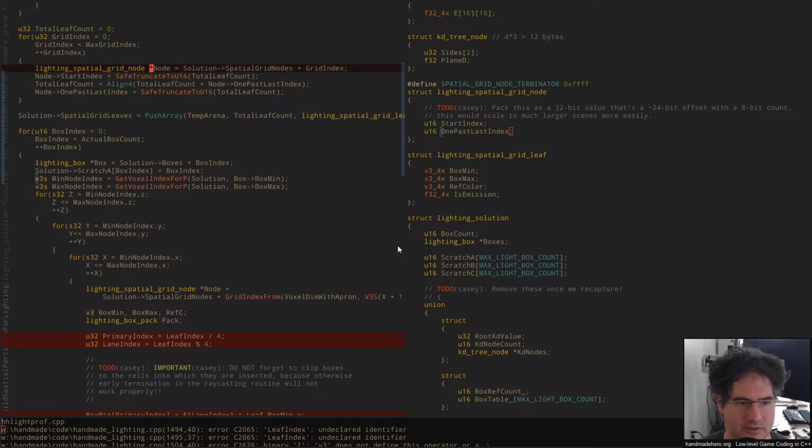So if we take a look at what we need, something like the one past last index here, where we actually write this down, we may actually want to not quite do that yet. So what we may want to do is something like this, where we say, okay, one past last index just gets initialized to 0. It's going to be used here as a way of figuring out where to fill in these values. And then at the end, we'll just sweep through and divide it by 4, right? Or put it, more specifically, into a different category.